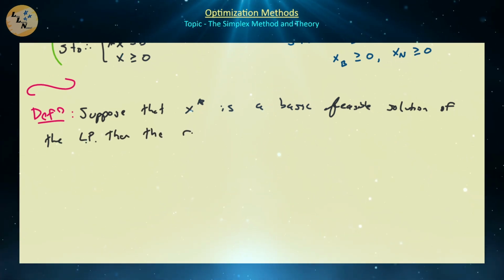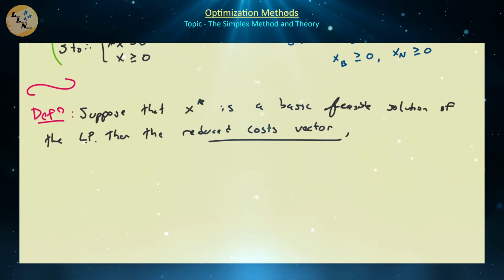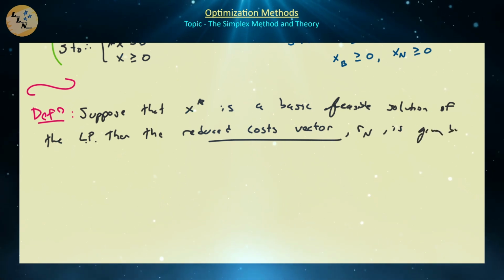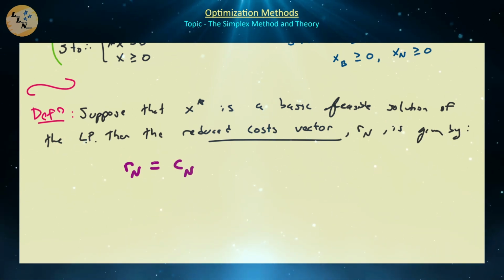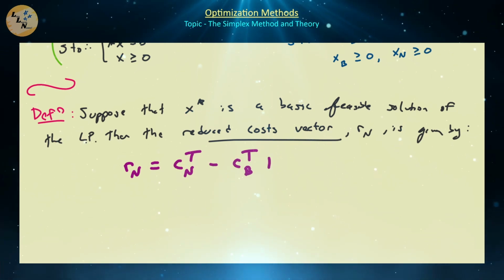Then the reduced costs vector, which we're just going to be abbreviating by R_N, and it'll be clear eventually why we use a subscript of N, not a subscript of, say, B or something like that, is given by the following vector. So R_N is going to be defined to be equal to c_N transpose minus c_B transpose times the basic matrix B inverse times the non-basic matrix N.